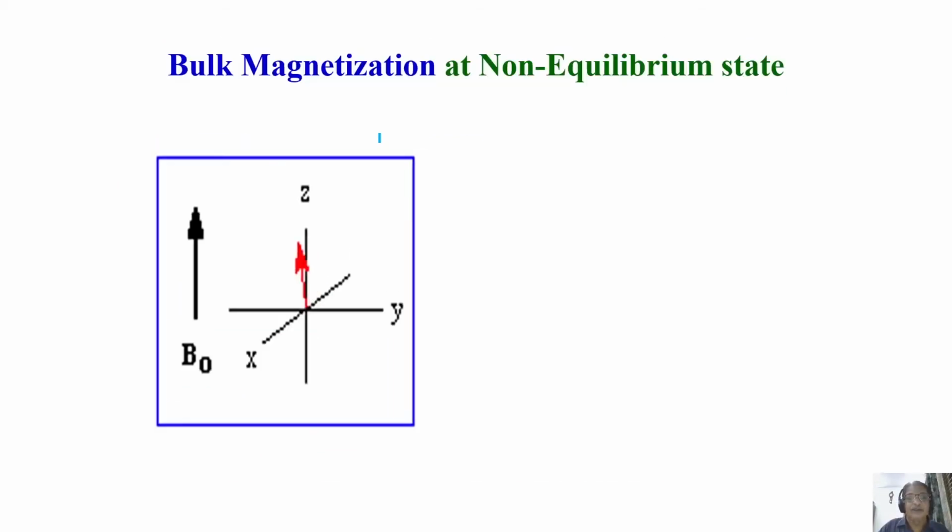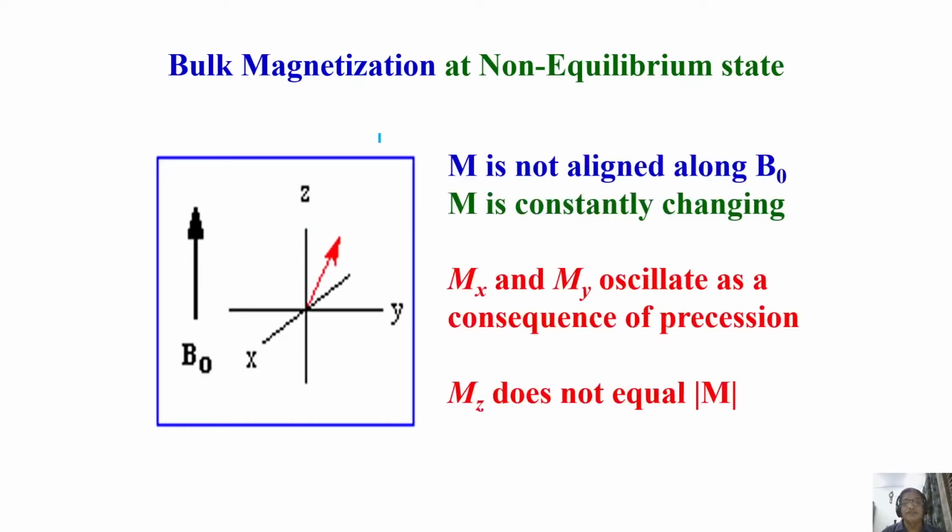Now, what happens to the bulk magnetization at non-equilibrium state? Remember, bulk magnetization is undergoing precession like this. At equilibrium, it was static, Mz equal to M naught. Now M is not aligned along B naught. M is constantly changing, so Mx and My oscillate as a consequence of precession.